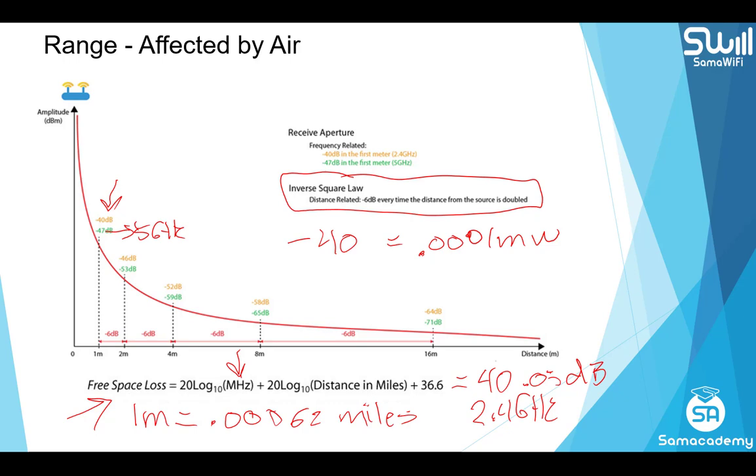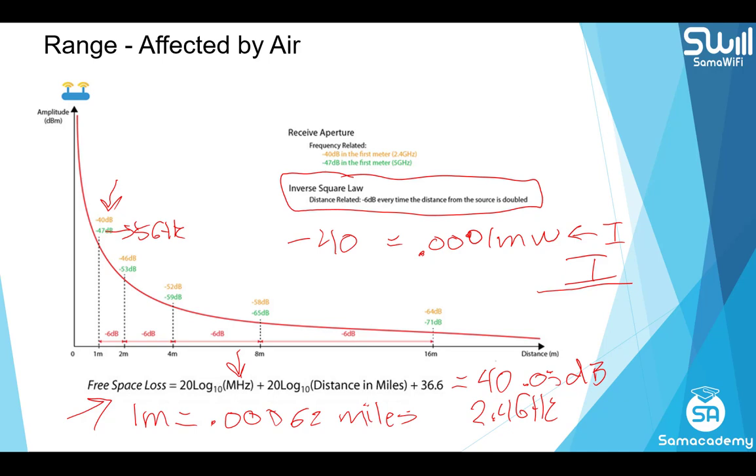Okay, we can see this as an intensity, and if we use the formula for the inverse square law, it says that the intensity is the inverse of the square of that distance.